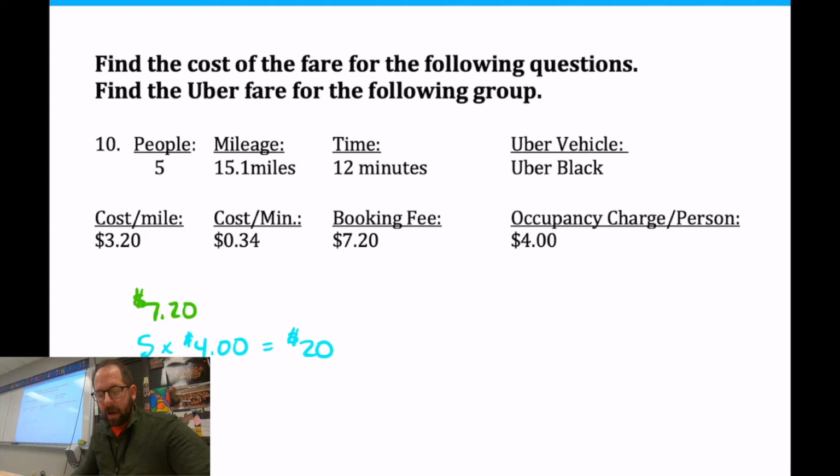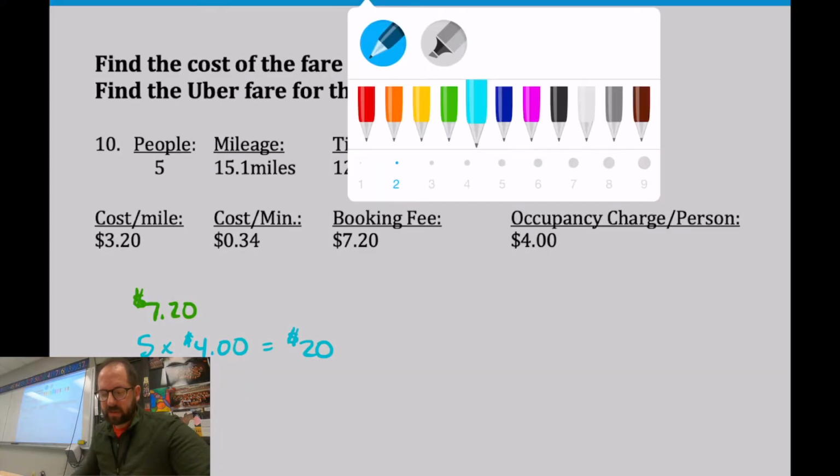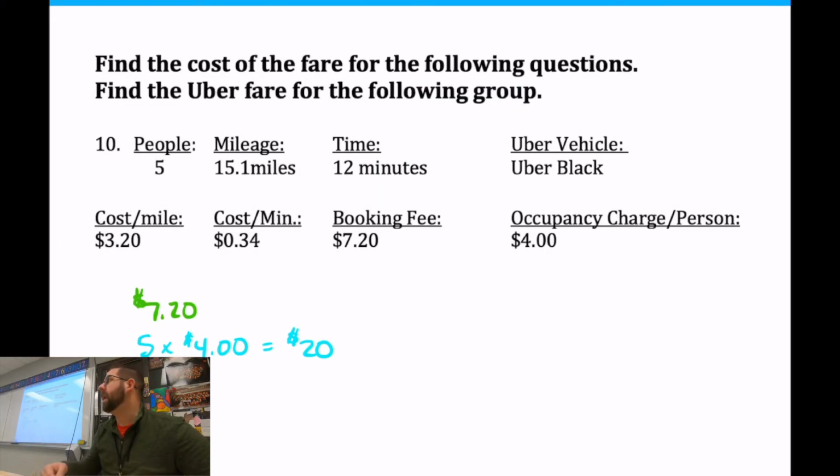Okay? Now, the rest of this is calculating the cost per mile and cost per minute. So we went cost per mile. So that's the 15.1 miles times the $3.20. Okay, so $3.20, that's the cost per mile. So $3.20 times the 15.1, I'm getting $48.32.